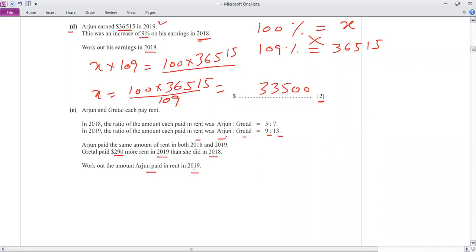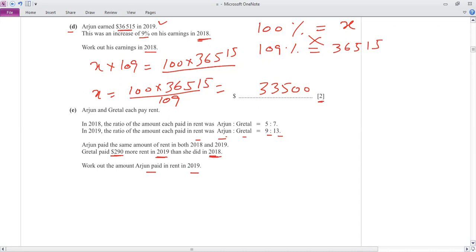Quite a different question. For such a question, basically the amount of the rent they paid in 2018 is not given. The only given value is this $290 that Gretel paid more in 2019 than 2018. And what Arjun paid in 2019, we have to calculate that one.